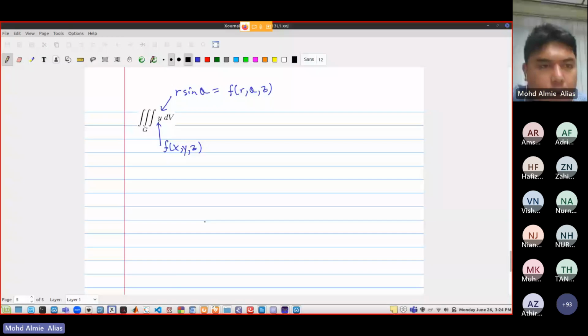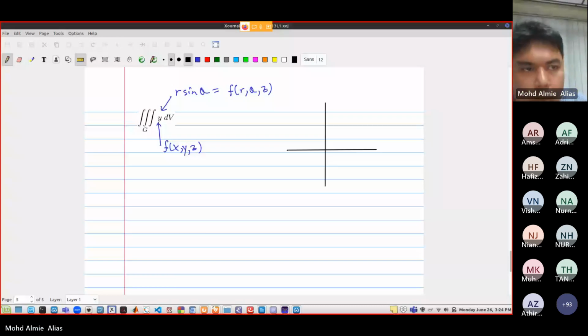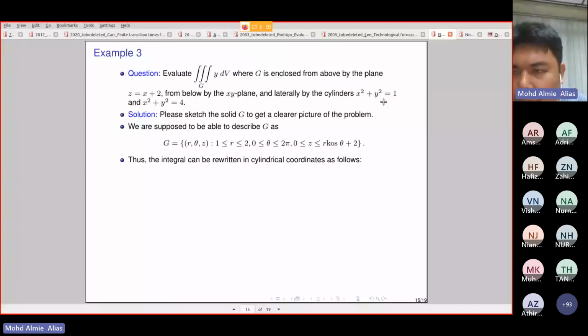I'll just draw it here, and this is the x, and this is the y axis. So you have here x squared plus y squared equals 1, which is a circle centered at the origin with radius 1.